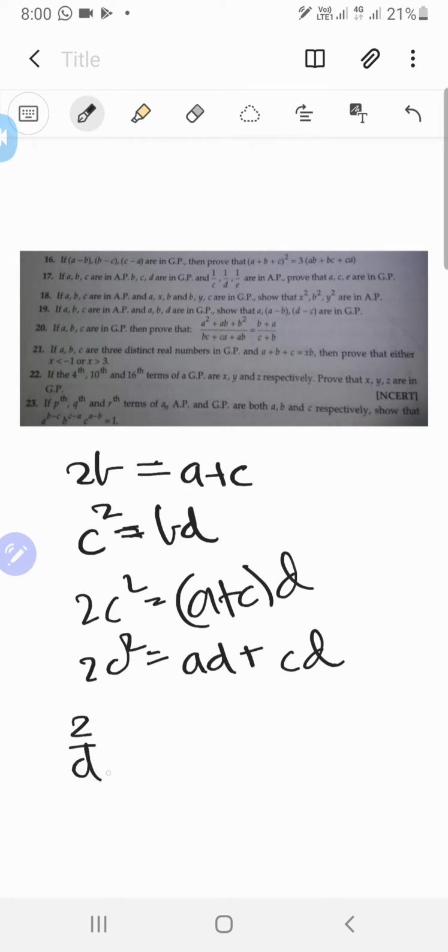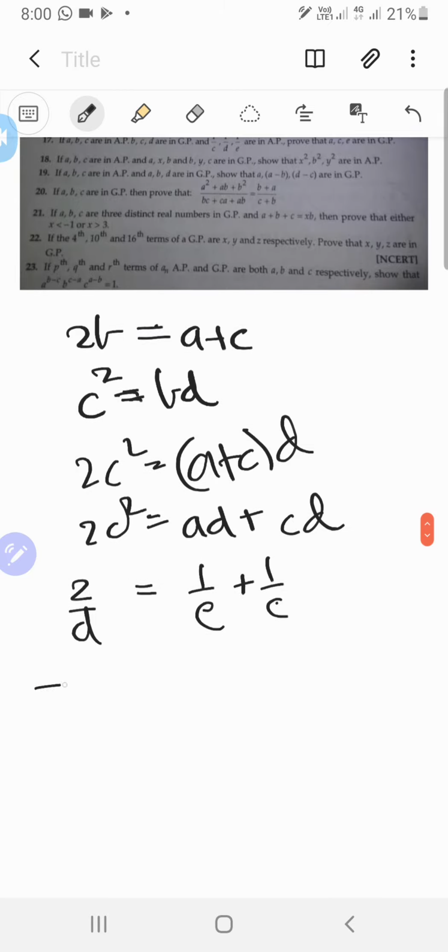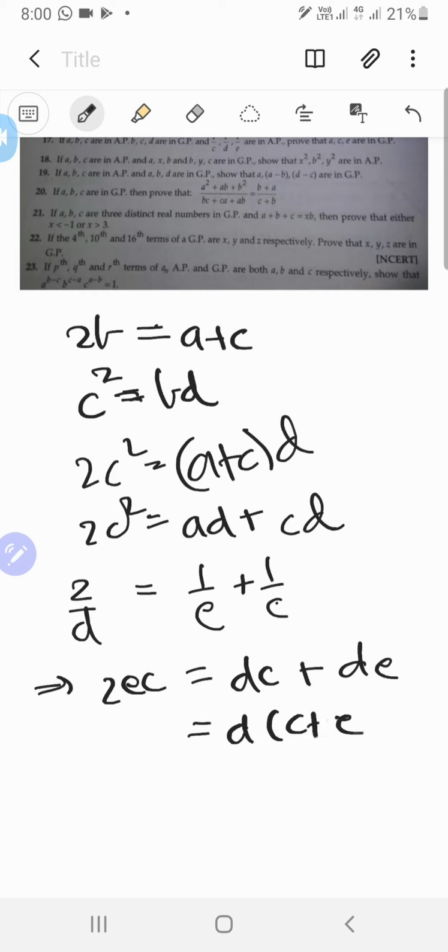Fine. And then you have this thing. So 2 upon D equals to 1 upon E plus 1 upon C. So that gives me 2EC equals to DC plus DE. Okay, so let's just multiply this by, okay, this is going to be D into C plus E. So 2EC equals to this thing.